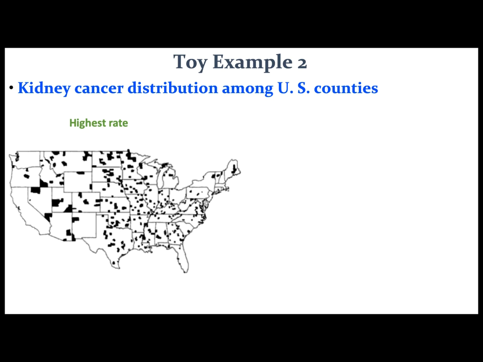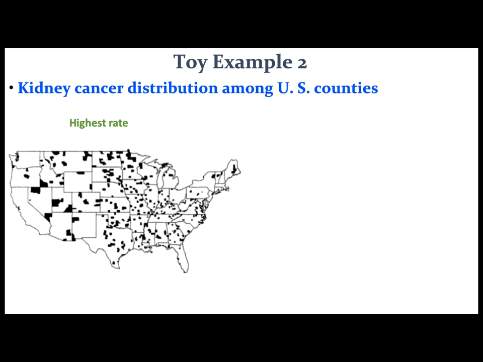The second toy example: let's look at kidney cancer death among counties in the continental 48 states of the US. This map shows real data from the decade of the 1980s. During those 10 years, here are the counties with the highest number of deaths among about 3,000 counties.